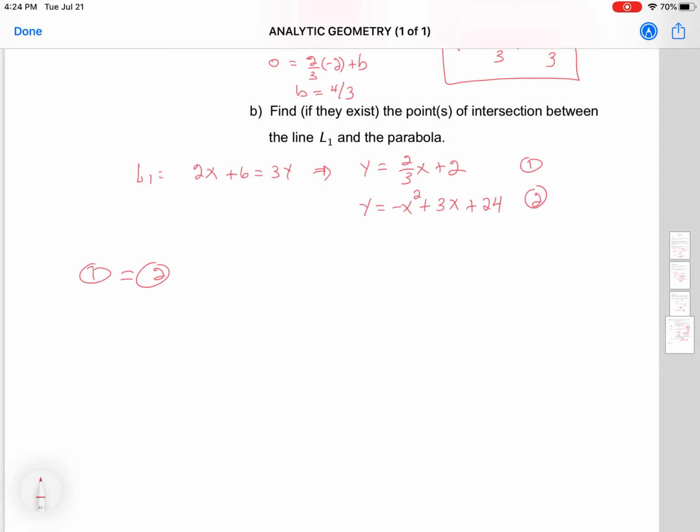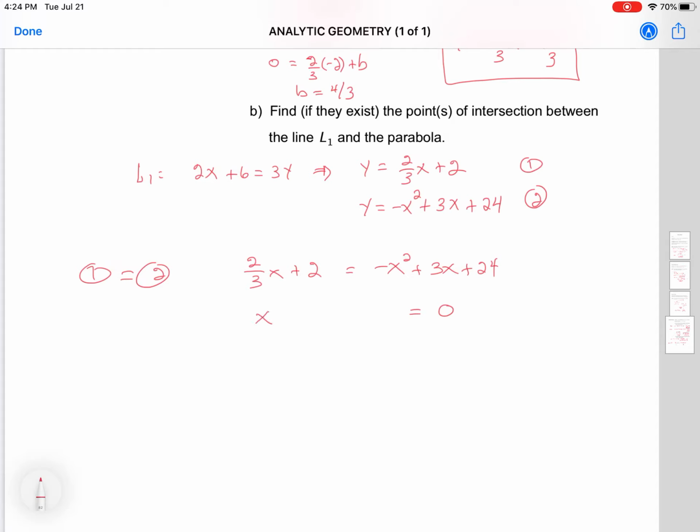So call that equation 1, call that equation 2. We're going to make equation 1 equal to equation 2. And we are going to find that 2/3 x plus 2 is minus x squared plus 3x plus 24.